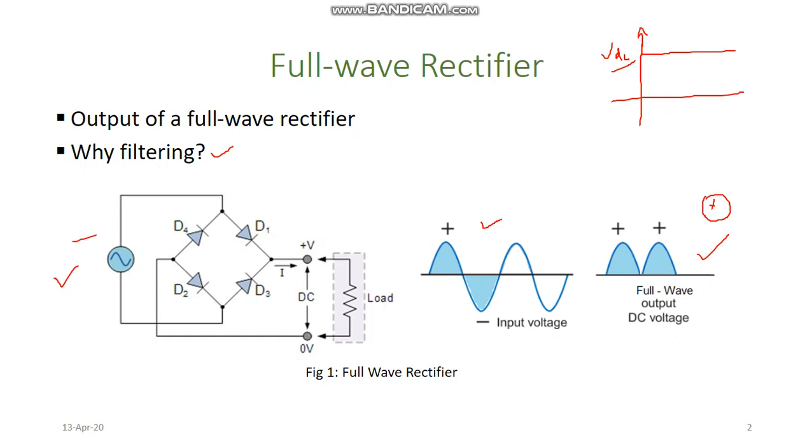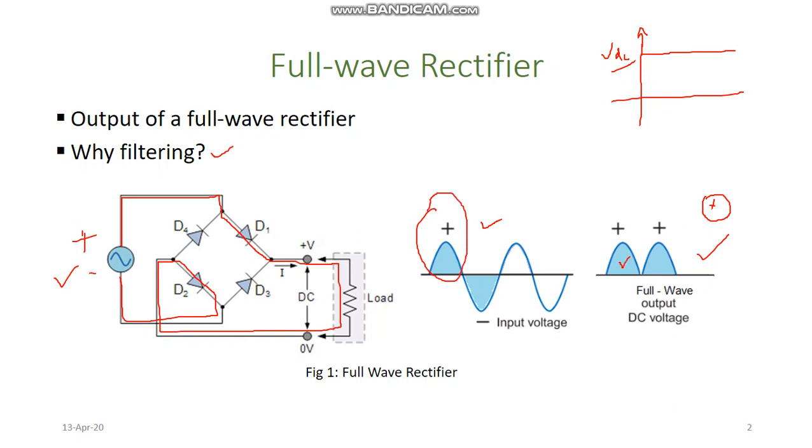If the positive polarity comes, in that case D1 and D2 will be operating and this path will be followed. And only this part of the waveform will be reflected at the output, which is this.